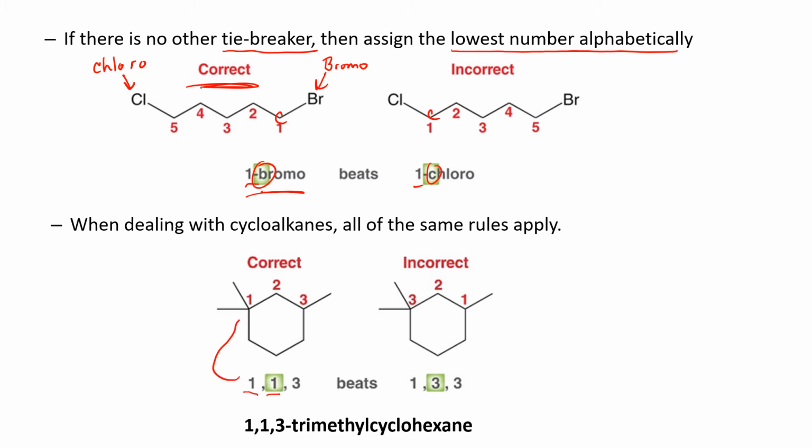It's very important to note that. We have 2 methyls, so that's 1, 1. Now, if I started numbering from the other direction, my first methyl gets a 1, but then the second 2 substituents, that's a 3, 3. So a 1, 1, 3 beats a 1, 3, 3. And the name of this happens to be 1, 1, 3-trimethylcyclohexane.